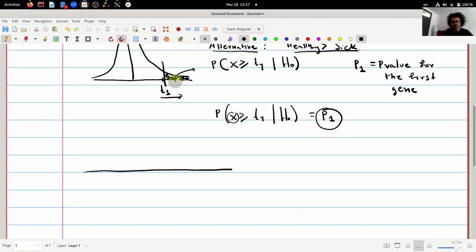However, if we find such a value, let's say t2, this t2 will have a smaller probability, a p2 which will be smaller than p1. So if we find such a statistic when the null is correct that is greater than t1, then this t2, which will be the second value of the t-statistic, will have a p-value p2 which will be smaller than p1, because p2 is actually this quantity here.